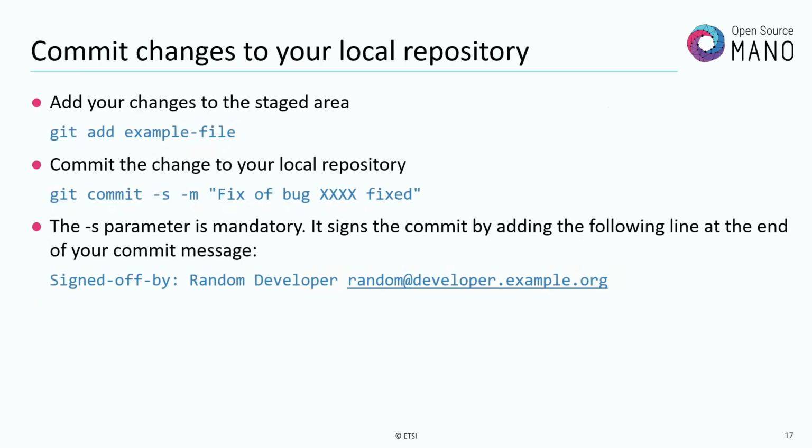Commit your changes to your local repository. Now we can stage all the new files. We can add all the changes by using git add file name. Then we can commit the change to our local repository using git commit -s, meaning sign it, -m creates a new commit with the name of what we did, actually the description of the change or feature, what it is about.